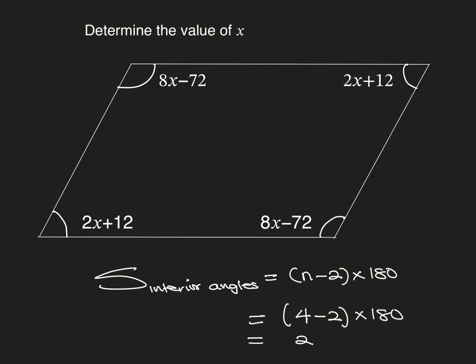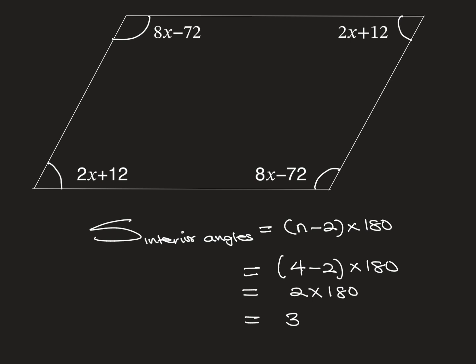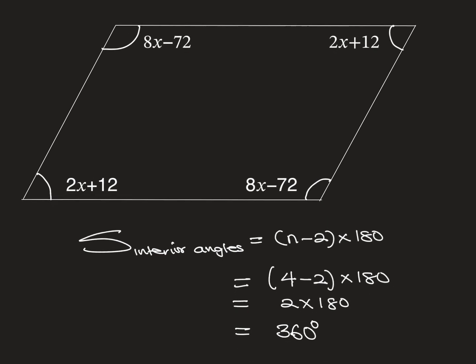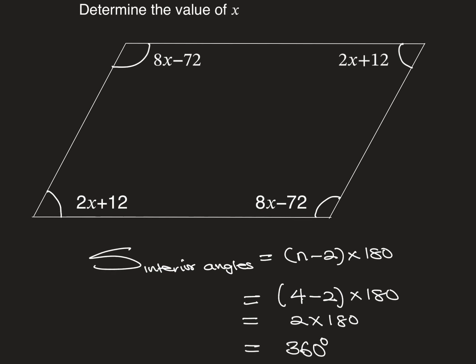That is 2 times 180, and that will give you 360 degrees. What that means is if you add all these four angles, you should have 360 degrees as the sum of the interior angles. And when we do that, we can find the value of x.